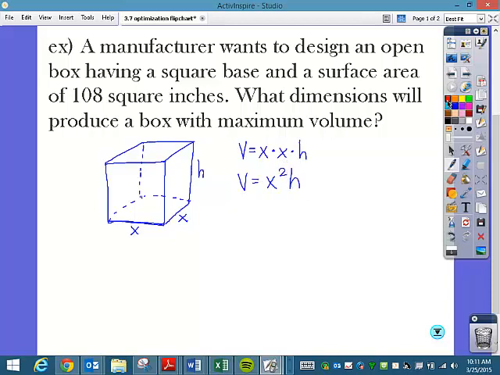And we call this our primary equation, because we are trying to maximize volume.